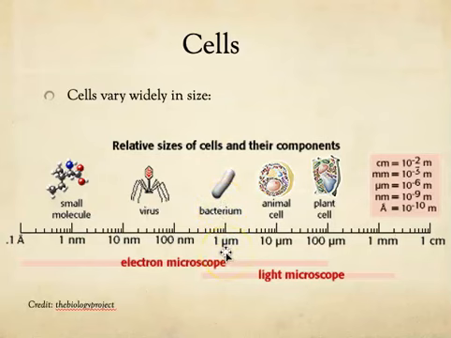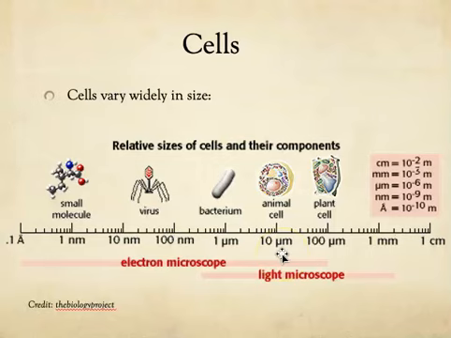If you then compare that prokaryotic type of cell to a eukaryotic type of cell, you can see that animal cells are about 10 times bigger than prokaryotic cells, bacteria and archaea. So if you had a bacterium that was a micrometer in diameter, the animal cell would be a full 10 micrometers approximately in comparison.